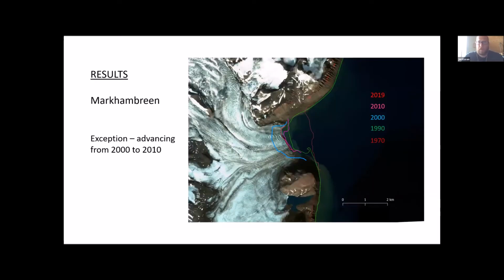Then Markhambreen, a little bit north, which is the only exception among all the glaciers because this one was shortly advancing between 2010 and 2010, which is a bit special. It's the only one that was at some stage of the development advancing.